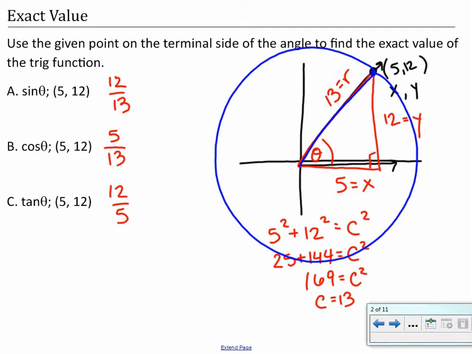So the hypotenuse is always going to be my r. So if I wanted to write sine in terms of x, y, and r, sine would be y over r, cosine would be x over r, and tangent would be y over x. Those values come into play when we're developing the unit circle.